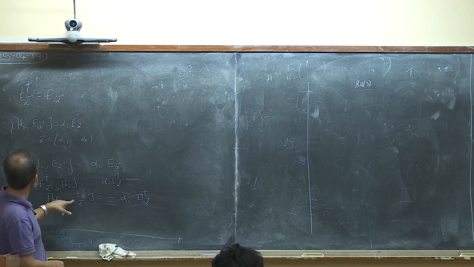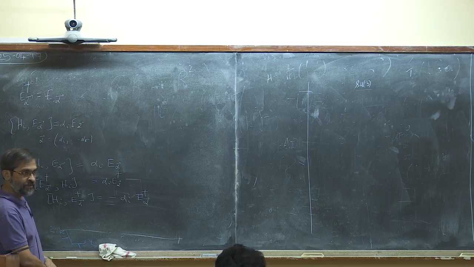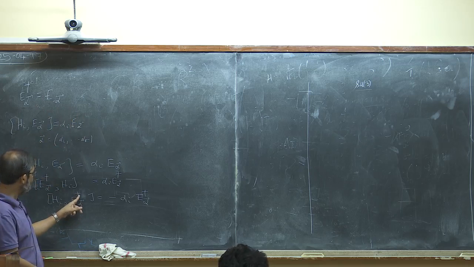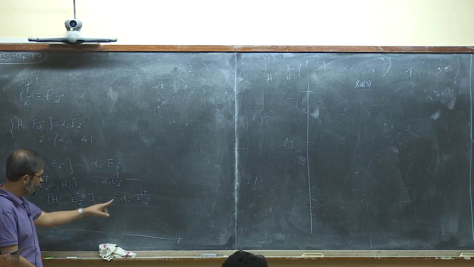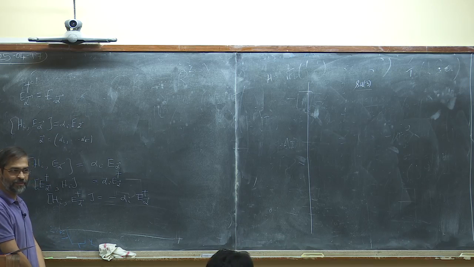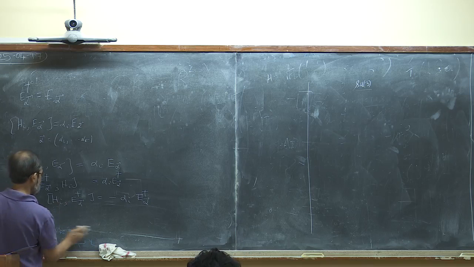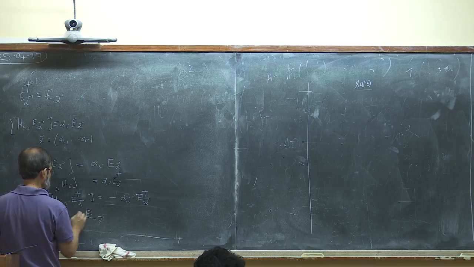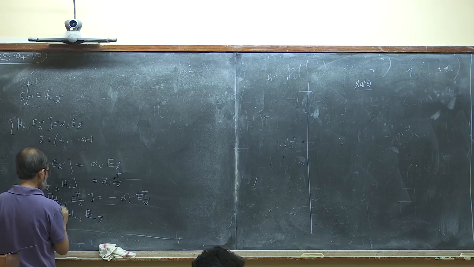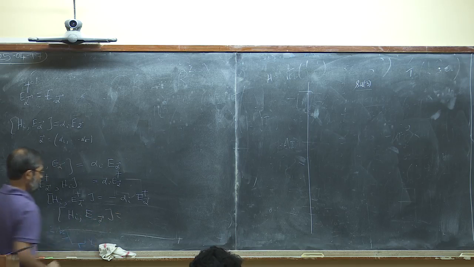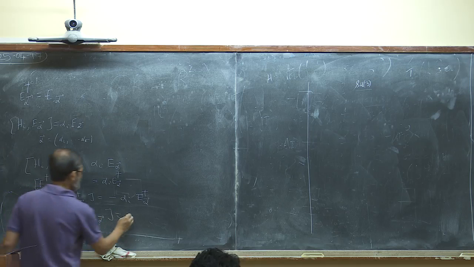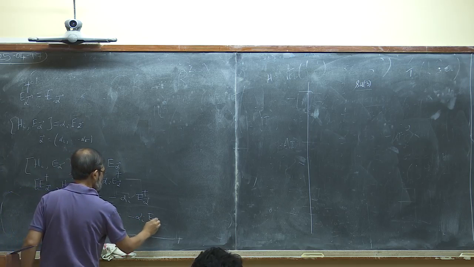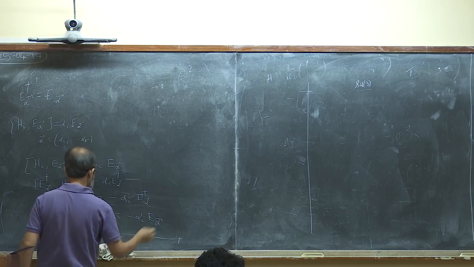So what did we prove? We proved that E_alpha dagger is the operator with eigenvalue minus alpha_i. Clearly this means that this is E_minus alpha, because by definition E_minus alpha would be something whose eigenvalue is minus alpha_i.